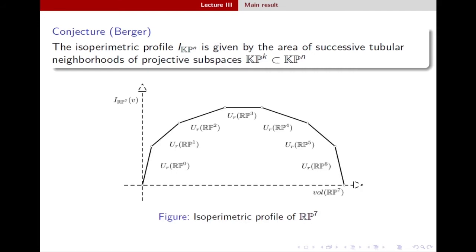If you are interested in a given dimension, then you just plot the graph of the area of these tubular neighborhoods, and eventually you will see that this successivity property indeed holds. But the statement as something independent of the dimension seems to be a very tricky computation, and we didn't investigate that further in our work.